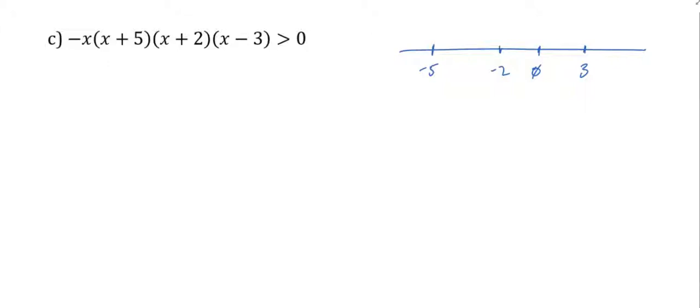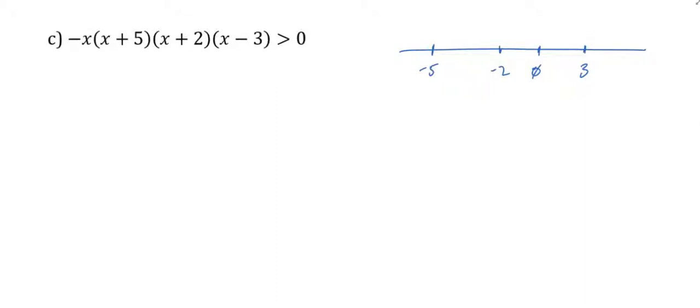And I'm just going to test those intervals. I pick a number, because inside that interval, it's not going to change. If it's above 0, it's going to stay above 0. If it's below 0, it's going to stay below 0. Think about the graph, and we already understand that. So if I test any value in that interval and figure out where the graph is, that'll be good. So I'm going to start with -10.